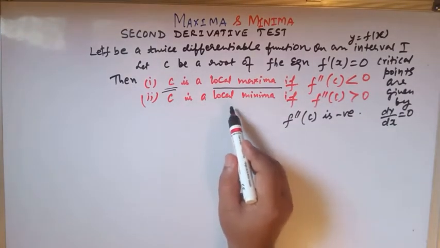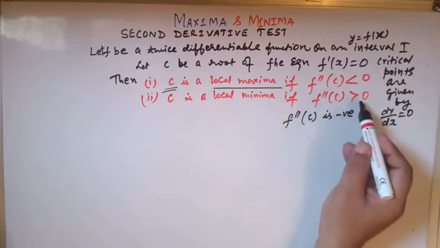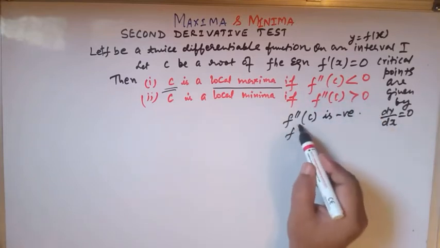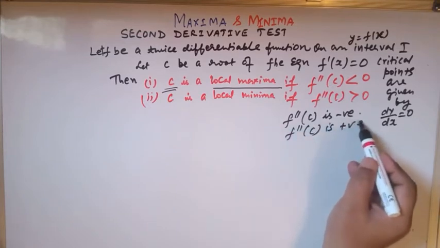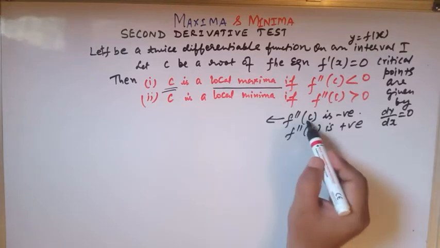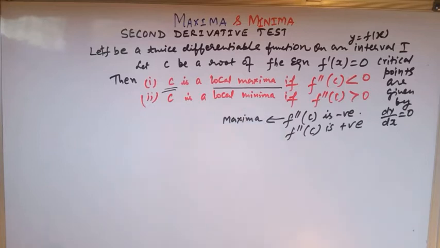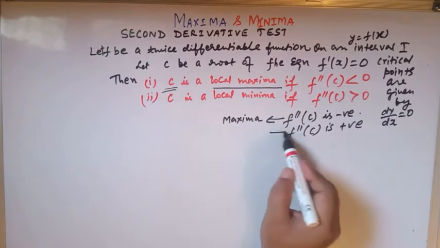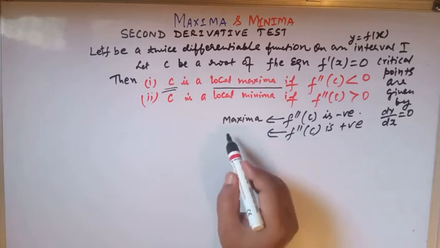C is a point of local minima if f double prime of C is greater than 0. It means f double prime C is positive. Okay?